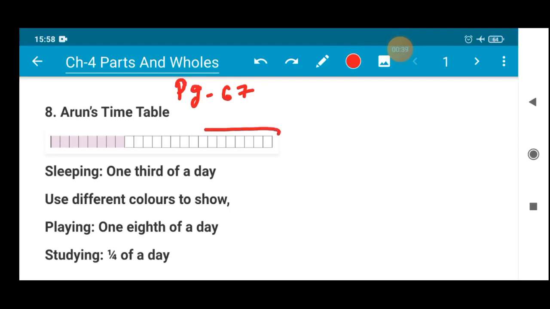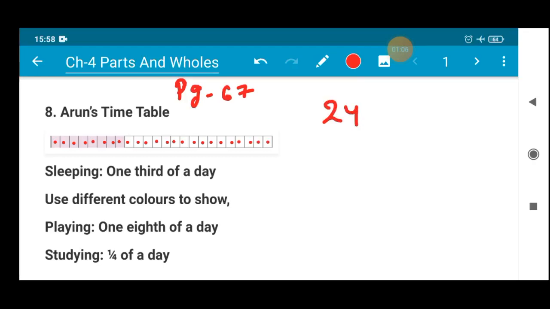Here you can see in this rectangular long shaped box that the lines have been equally divided. Now what it is representing is there are 1 2 3 4 5 6 7 8 9 10 11 12 13 14 15 16 17 18 19 20 21 22 23 24.